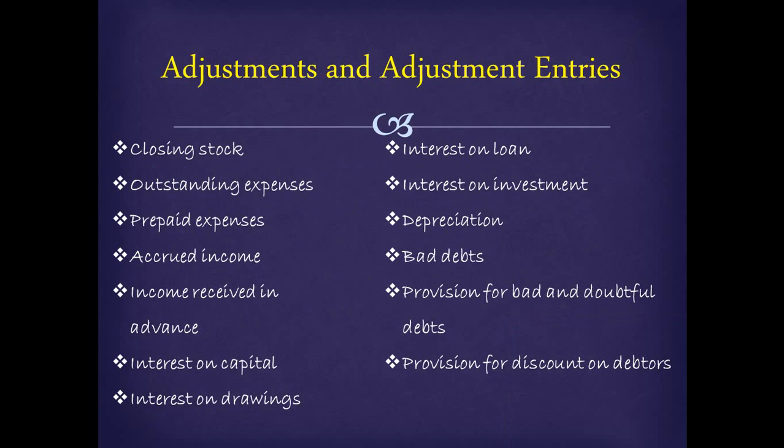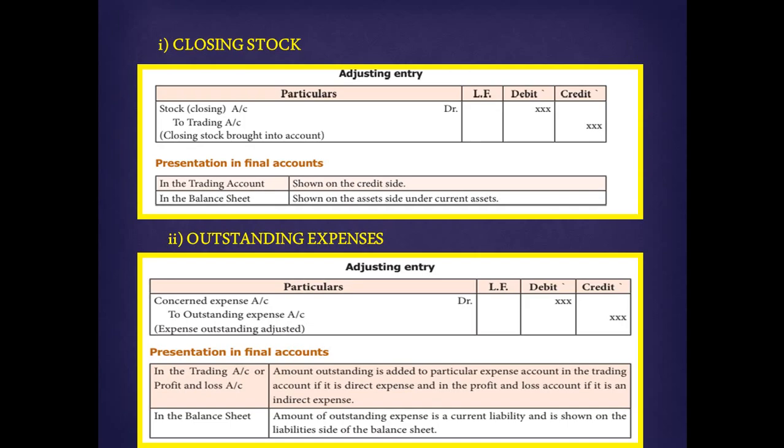Here we have 13 common adjustments. Let's see how these adjustment entries are made while preparing the final accounts. Closing stock refers to the value of unsold goods lying in stock at the end of the accounting period. It consists of three items, that is raw material, work in progress and finished goods.